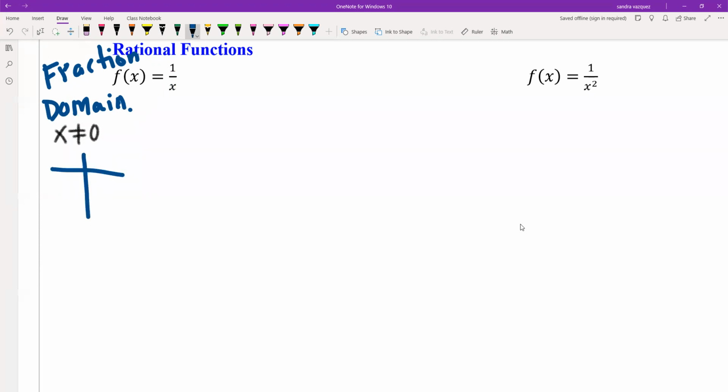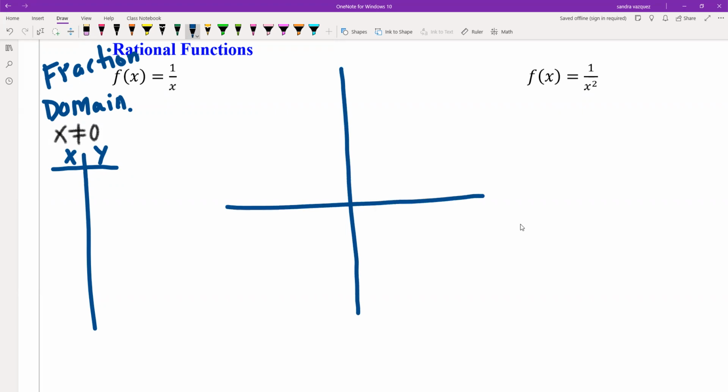Now I'm going to make a t-table of values. This will be x and y. And so this is what I'm going to have when I do this graph. Okay, I have something that is called an asymptote, okay?